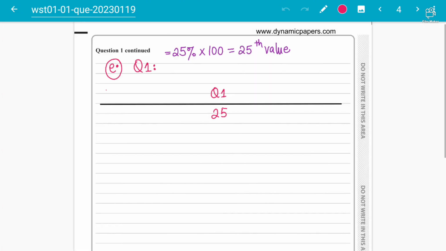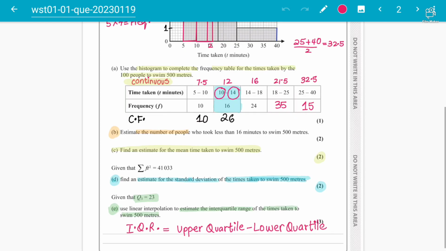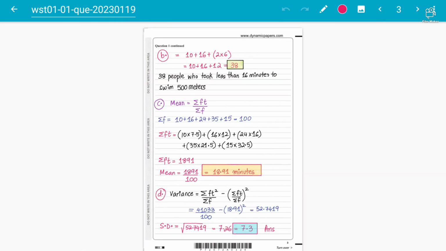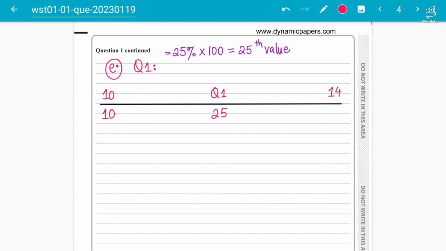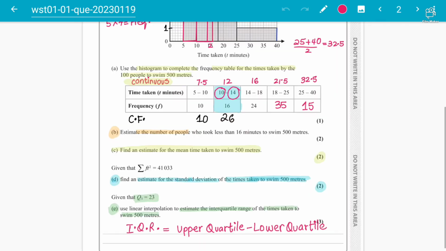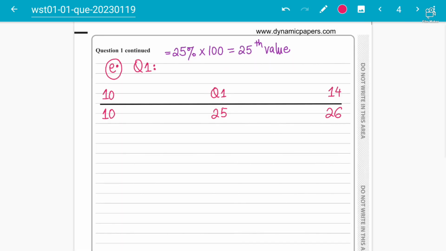At 10 you write the previous cumulative frequency, which was 10, and the ending cumulative frequency is 26.